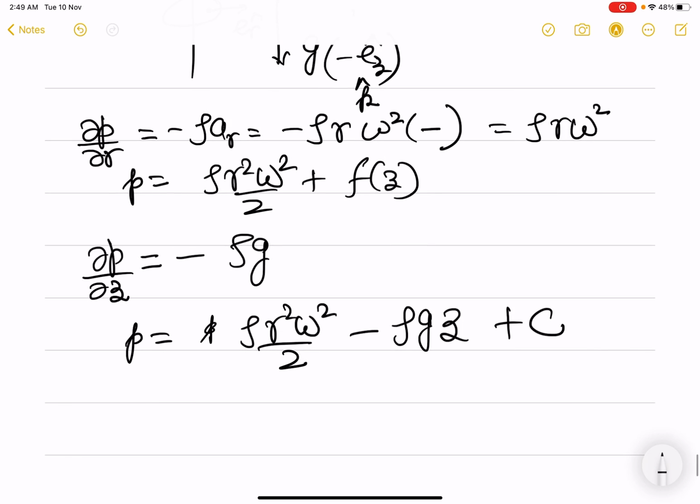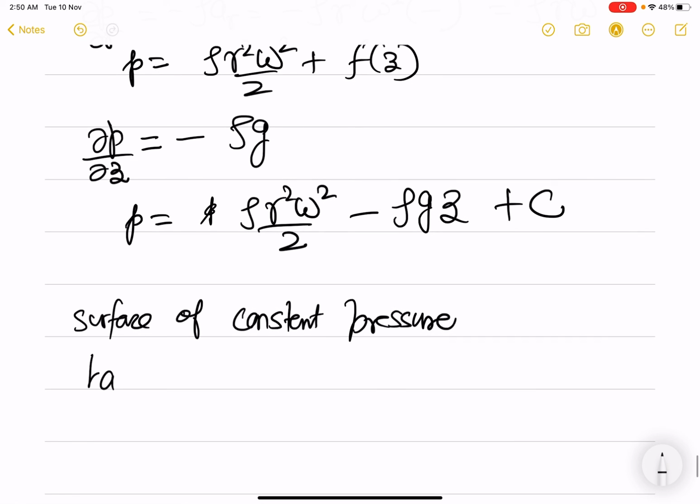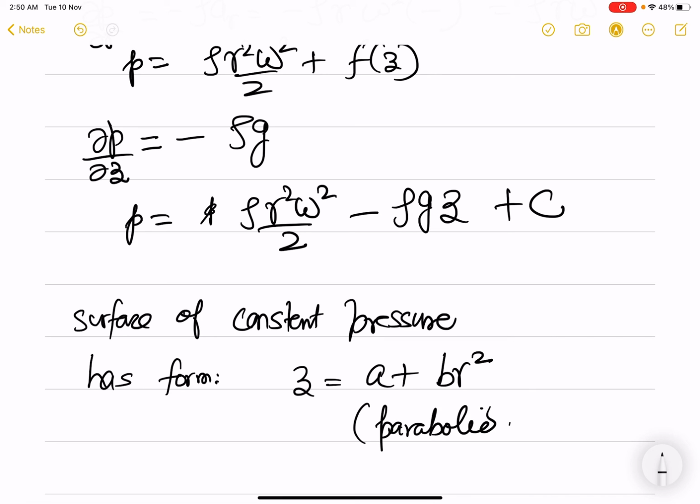And here we can see the surface of constant pressure in this case has the form z is equal to a plus b r square, and this is called a paraboloid of rotation.